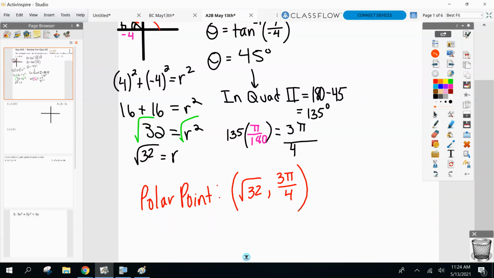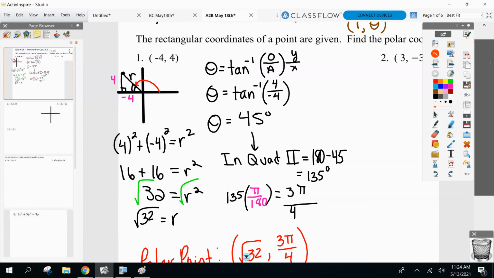A lot of work, I know, but it's the same steps every time. Only step that might be different is if it's in a different quadrant than 2. Anything I can answer from you right now, putting that rectangular into polar? Before I move on, what would happen if it's in a different quadrant? Let me go over the rules.